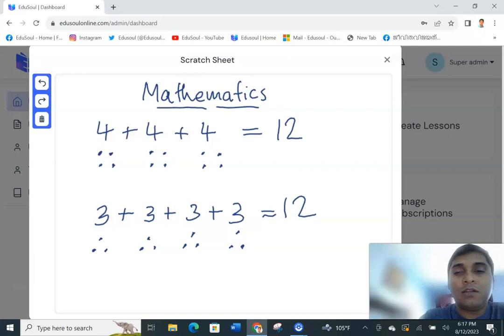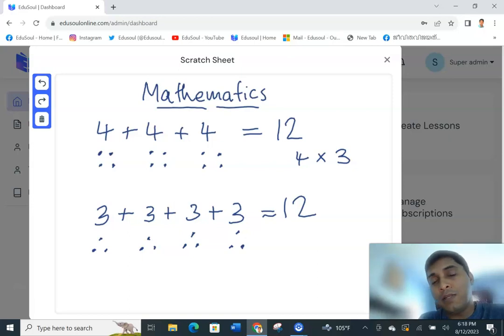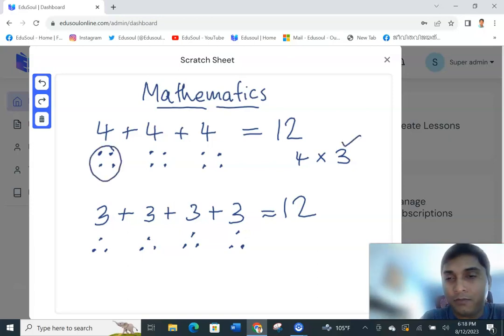Now let's look at something like what is 4 times 3. So 4 times 3. Now 4, 3 times. So addition turns into repeated addition in multiplication, because this is that 1 out of that 3.